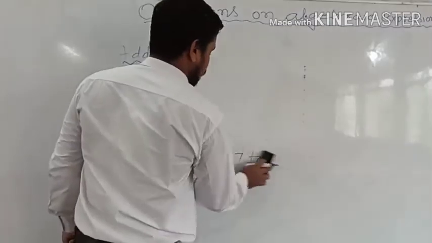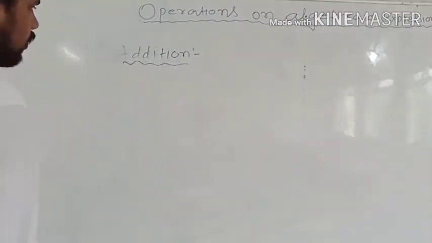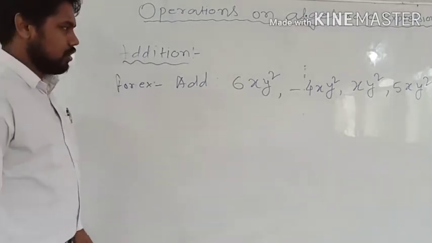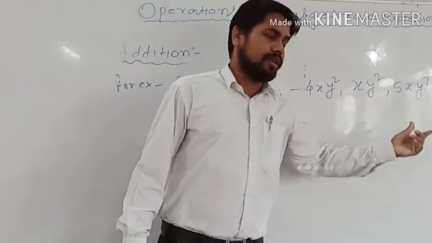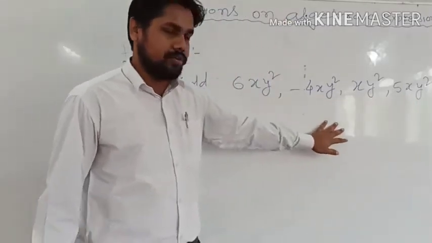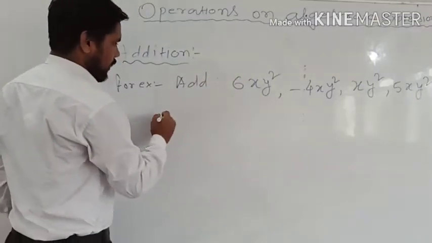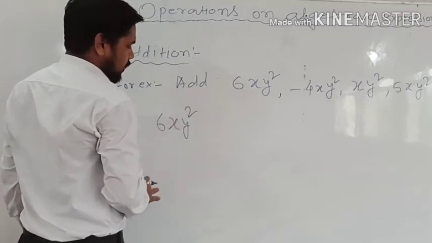So here you can see an example so that we can understand. Suppose we are taking an example where we want to add these all. You can see here xy square, here also xy square, xy square, xy square. So these all are like terms, so we can add. Suppose we want to add these all. How can we write these? 6xy square.